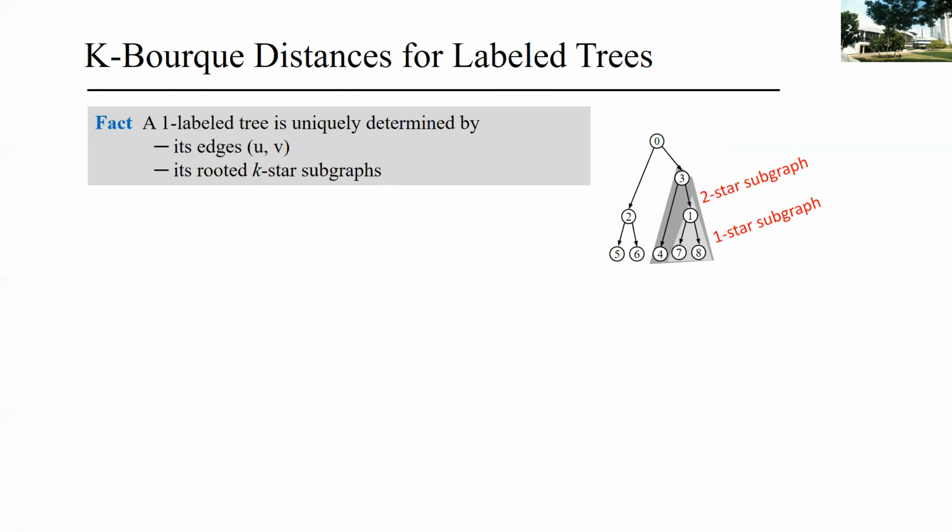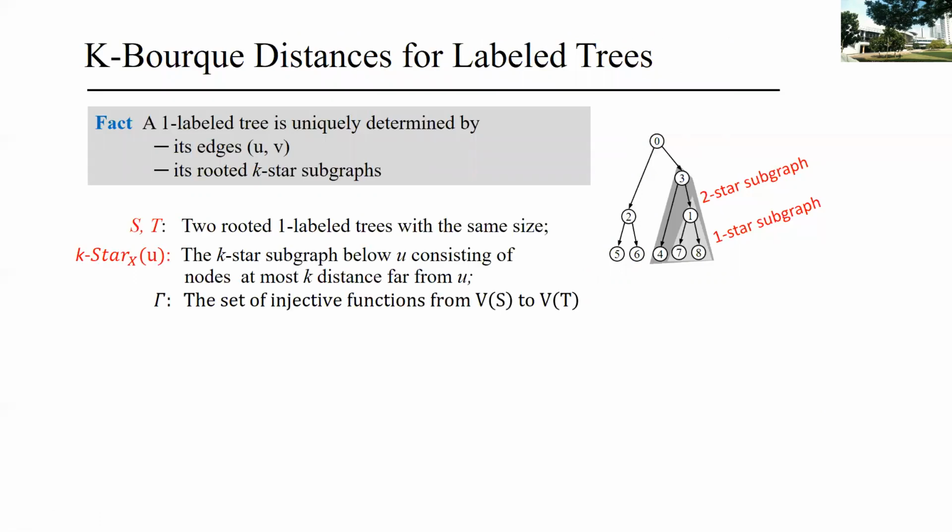Then we further use the bark distance to define the order K bark distance for label trees, which is motivated by the following fact. One label tree is uniquely determined by its edges, U and V. Therefore, it is uniquely determined by the rooted K-star subgraphs. So we use the K-star subgraphs to define the K-bark distance for label trees.